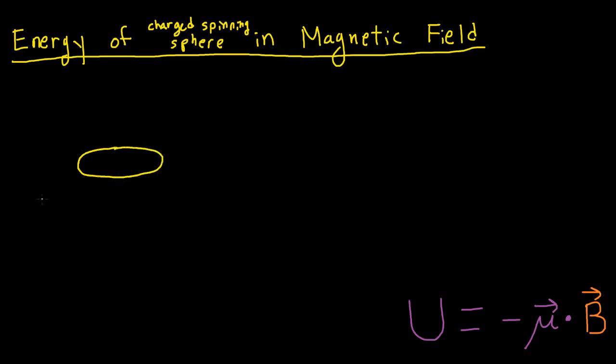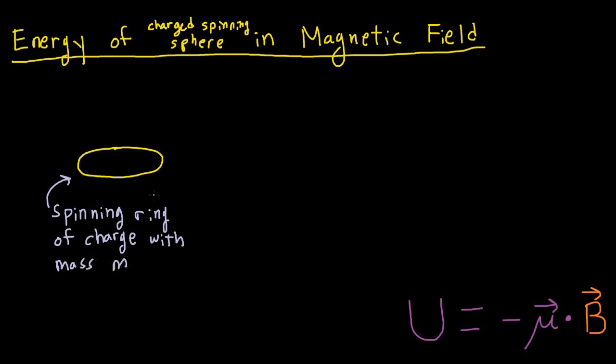So here I have a spinning ring of charge with a mass of m, and let's say this thing has a charge of q, and it has some angular momentum L, and the ring itself has a radius of r, and let's say the rim is spinning with a velocity of v.